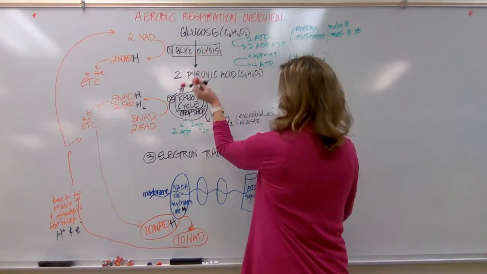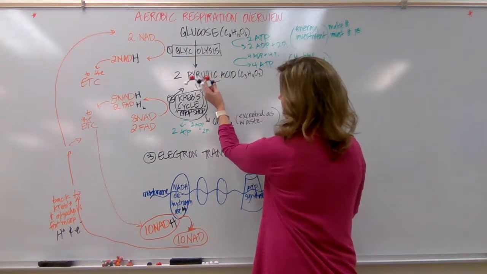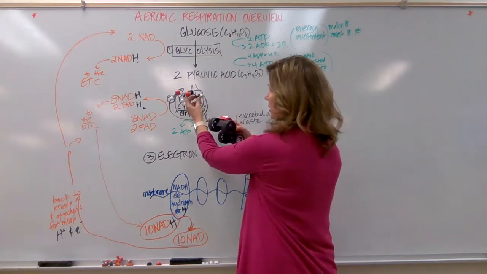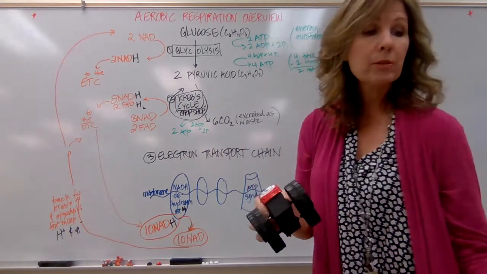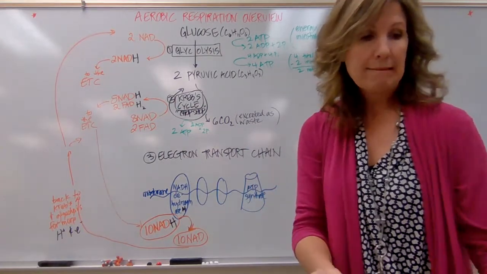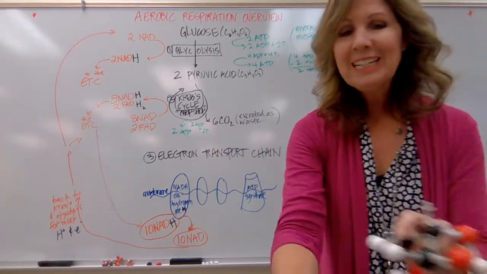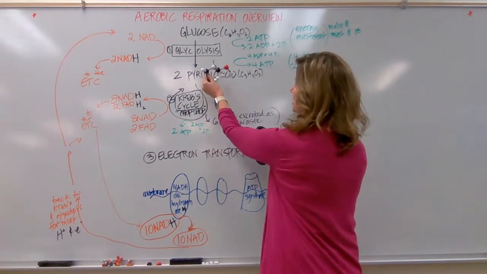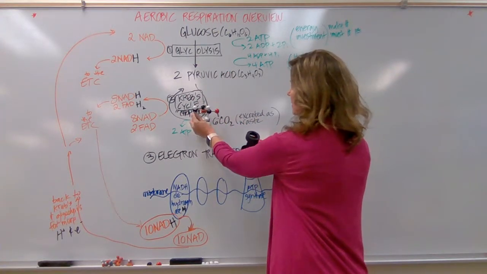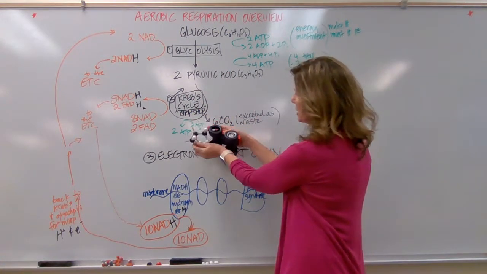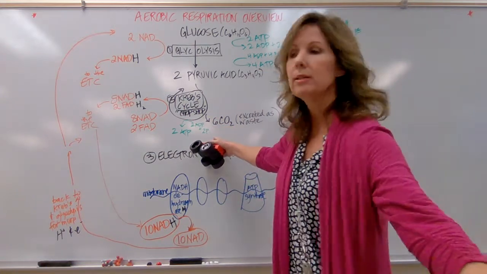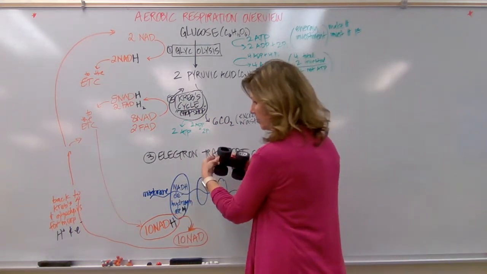Large molecule of glucose, here's my pyruvic acid. Remember, the Krebs cycle has completely chopped apart that pyruvic acid into little bits of individual carbon dioxide molecules.